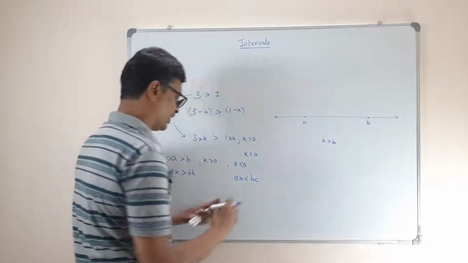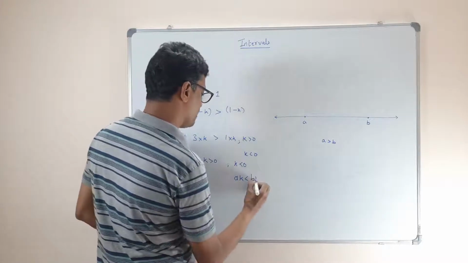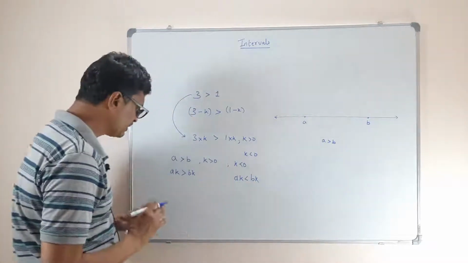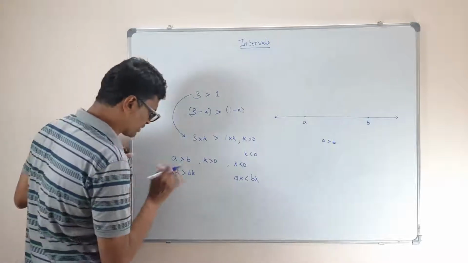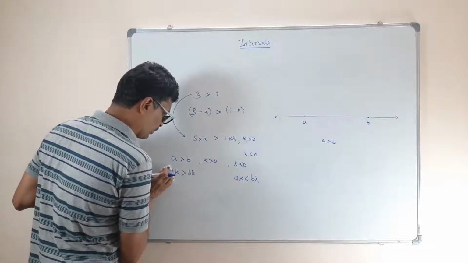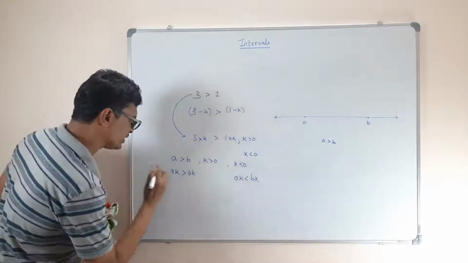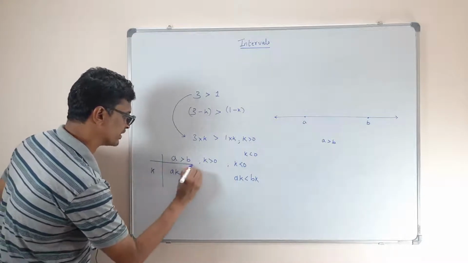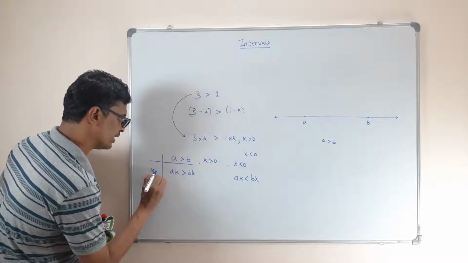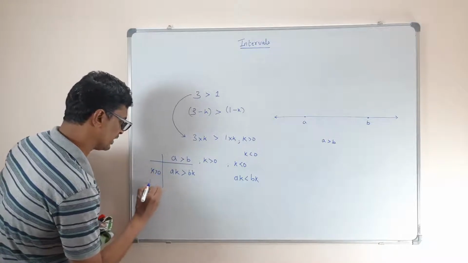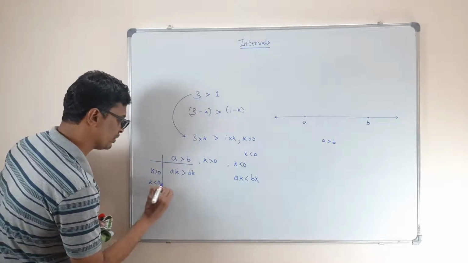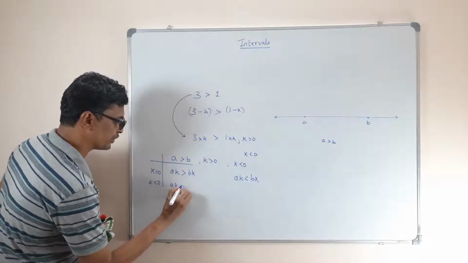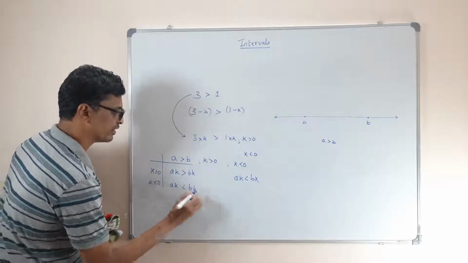Now let us put up the conditions. I'm going to make it as a table that makes it easier. k is greater than 0 and k is less than 0. So this is going to be ak less than bk.